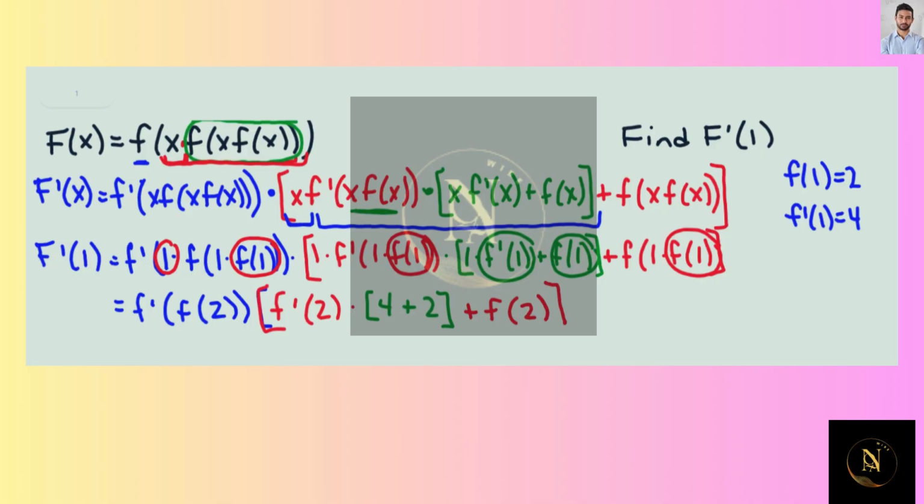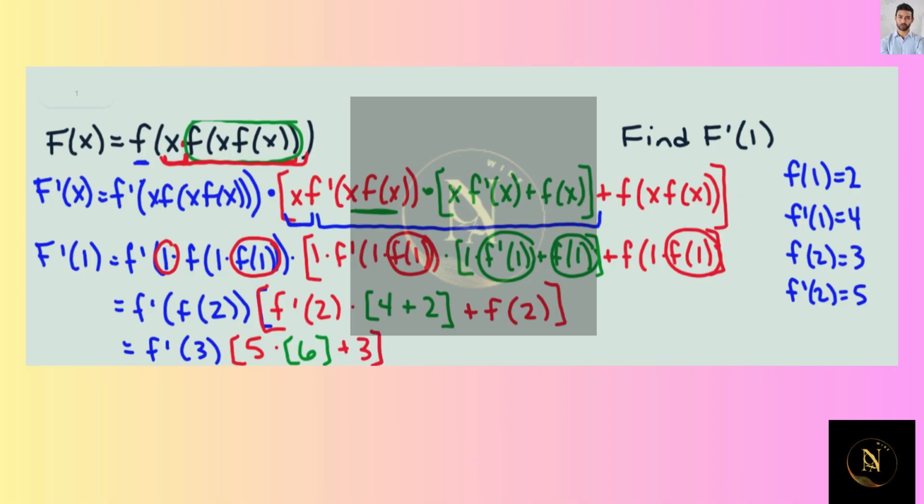Okay, we're getting there. Now, every time we see an f of 2, we're going to substitute a 3. And every time we see an f prime of 2, we're going to substitute a 5. So we have f prime of 3 times 5 times 4 plus 2, 6, plus f of 2, 3.